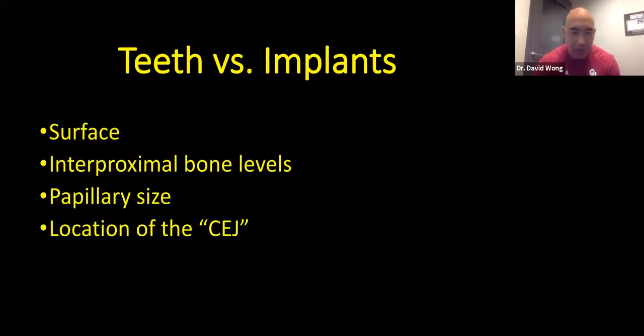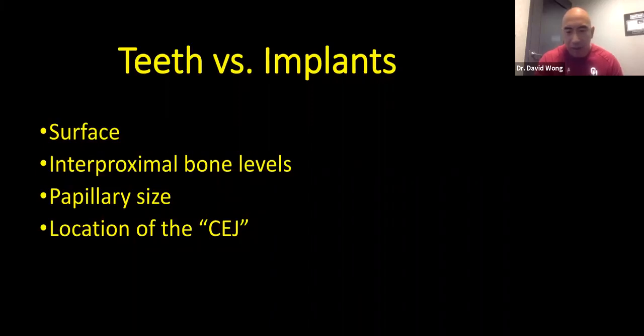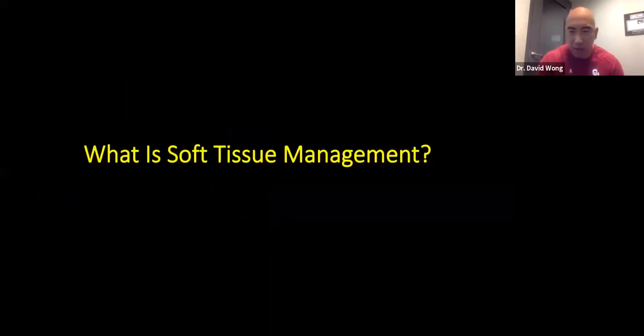The papilla size around teeth is bigger than implants. The location of the CEJ around teeth is more favorable than the abutment-fixture margin on an implant. So there's a lot of things that teeth have as an advantage over implants, but because implants are so popular now, we see so many, we're going to see some of the same soft tissue defects.